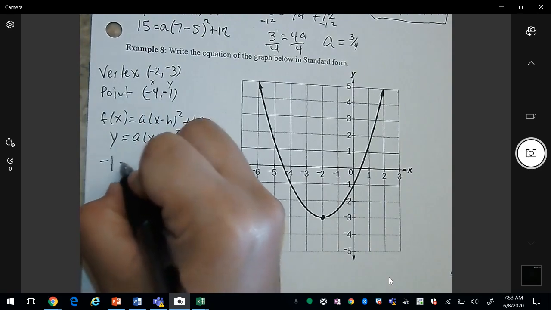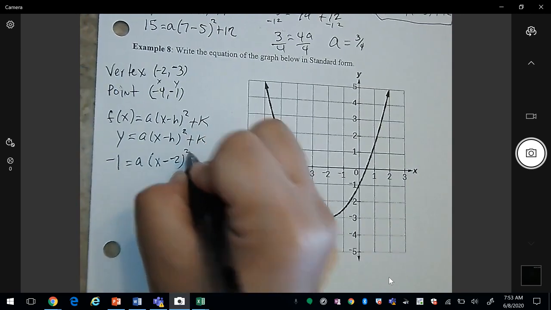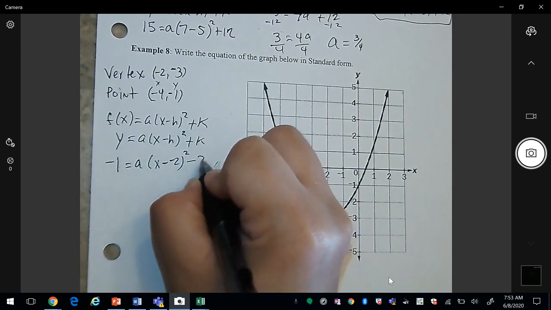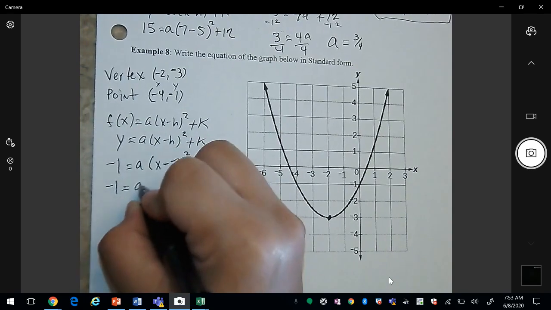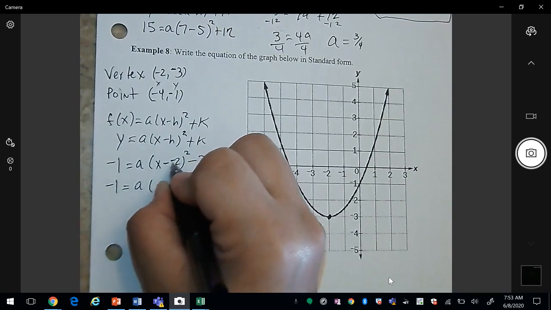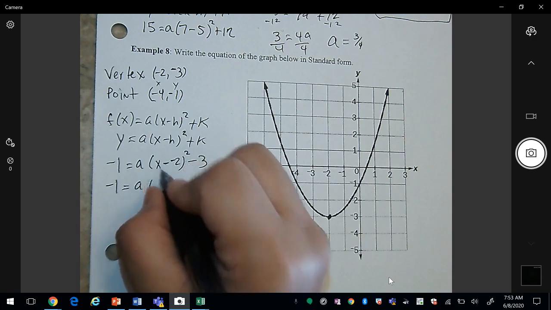So y is -1, h is -2, and k is -3. Simplify. Our x is -4, so let's plug that in.